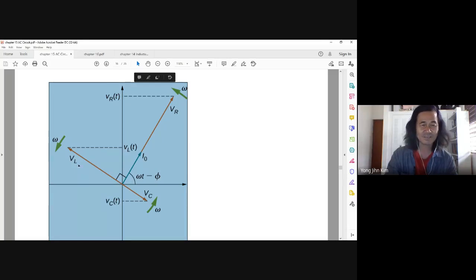For the inductor, voltage leads the current by pi over 2, so the voltage phasor for the inductor should be here, at an angle pi over 2 ahead. So the voltage phasor for the capacitor is opposite to the voltage phasor for the inductor. So we add this one and that one.